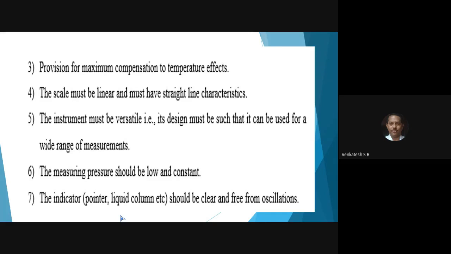Next, come to the fourth point. The scale must be linear and must have straight line characteristics. Say you are comparing the dimension of the component with the standard one. Suppose you require the main scale division. Well, first you have to calculate the least count. You have to see the main scale division, then see the vernier scale division, and the coinciding vernier scale division multiplied by the least count.